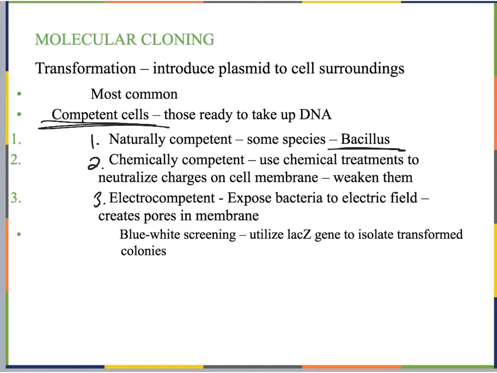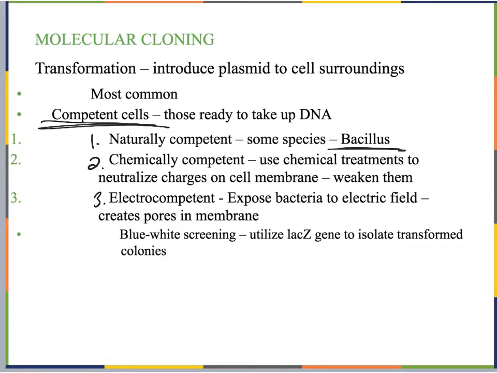I think we've spoken about it before, when cells are in this kind of frightened stage where they are being adjusted or changed, their charges on the plasma membrane are being changed, they then are going to start grabbing up foreign DNA because it's going to be weakened. So their cell is weakened, and we're able to then get DNA into them.